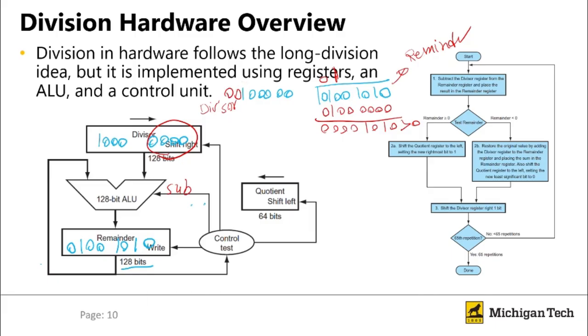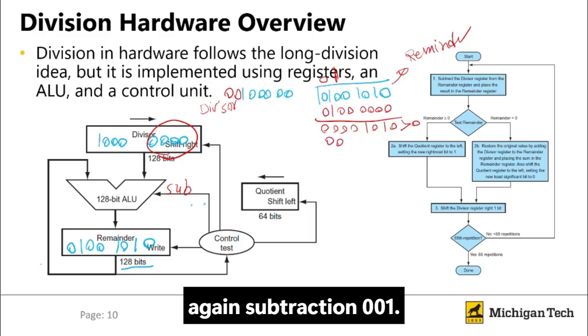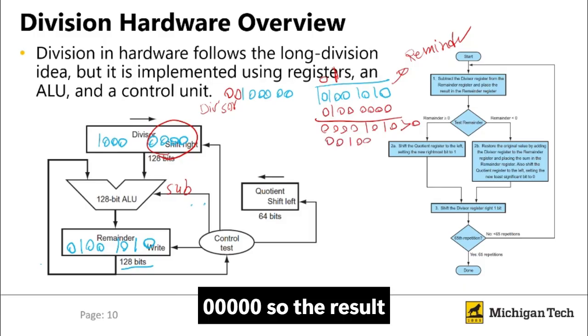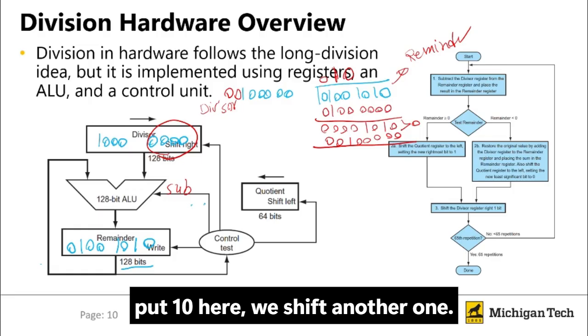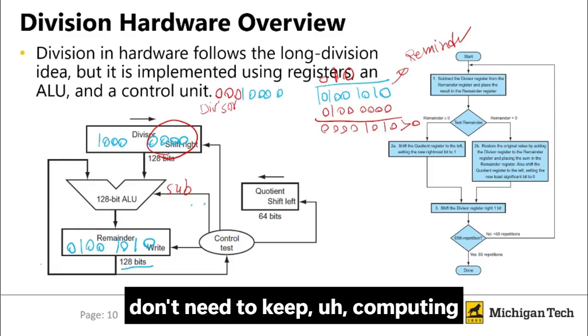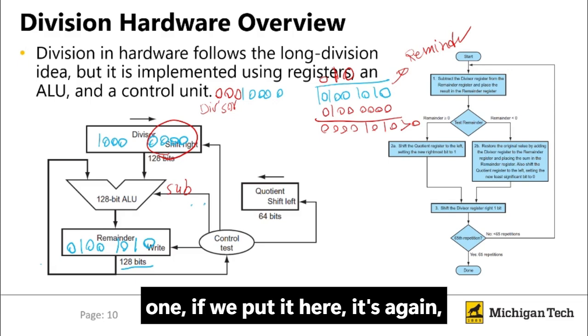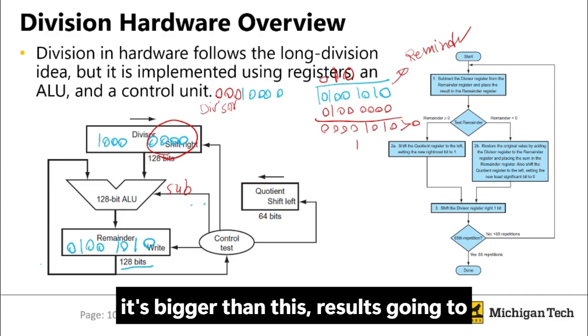Now we do the subtraction again: 0 0 1 0 0 0 0 0. The result is negative, so we put 0 here. We shift another one. You don't need to keep computing the subtraction. Again, this one, if we put it here, is bigger than this.